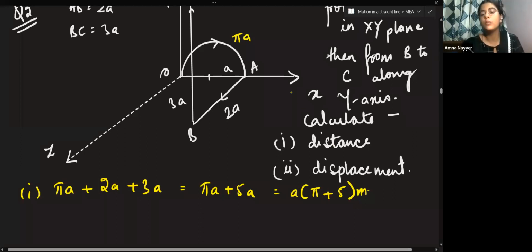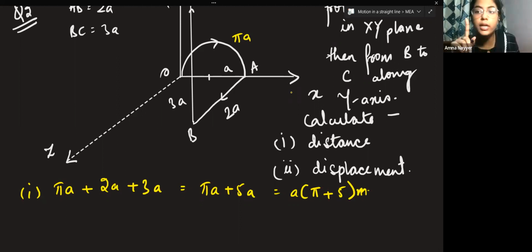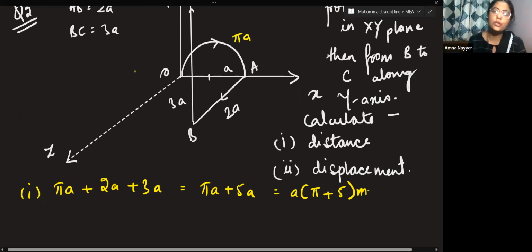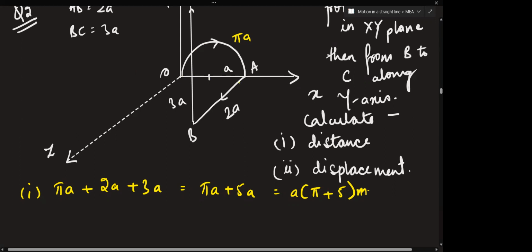Fine. Now we have to calculate the displacement. For calculation of displacement, what did I tell you? Join the initial and final points for each segment. So for the first part, instead of calculating this curve, we'll calculate this length. Can anyone tell what this length should be? 2a.